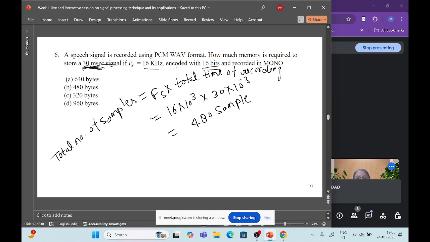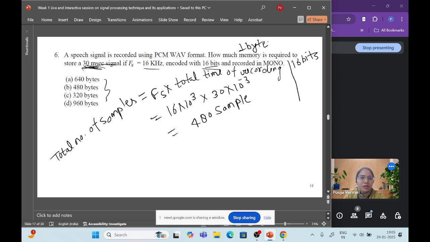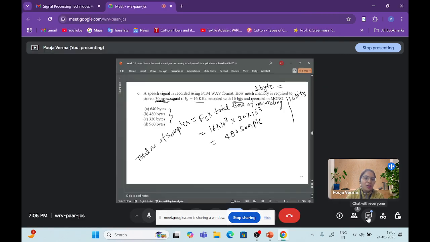So here it is given that it is encoded with 16 bits. We can calculate in this format also, but they are asking in the options in terms of bytes. So in 16 bits, how many bytes will be there? One byte contains how many bits? Any one of you know that?